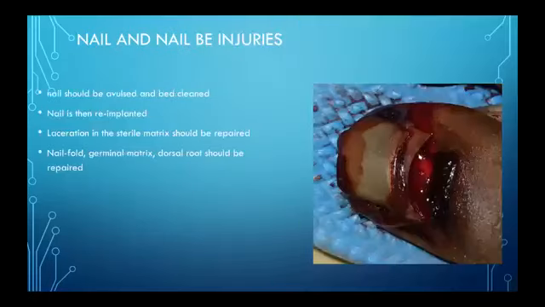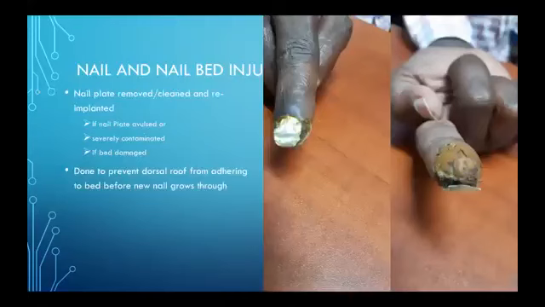And once the nail plate is removed, it is washed thoroughly, and it can be implanted back. Note that it will not grow, but this provides a dressing for the wound, and also ensures that the eponychium does not scar down to the underlying tissue, which would prevent the nail from emerging from underneath, okay?